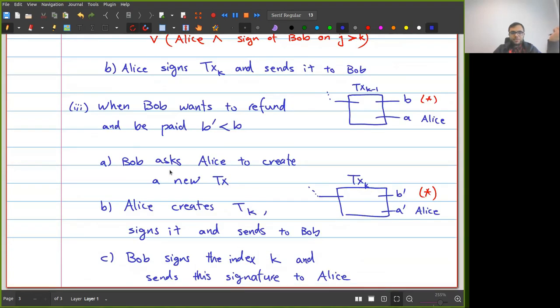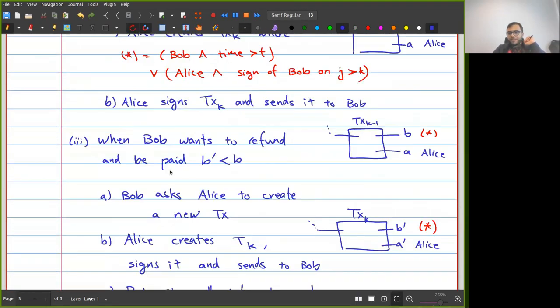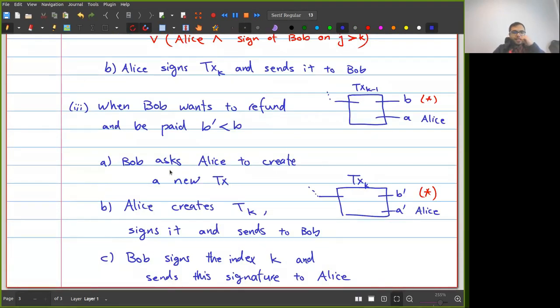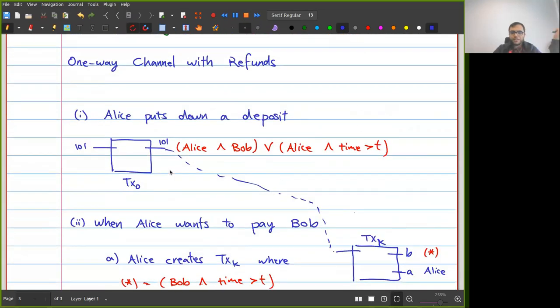How can I have a two-sided channel using the same idea? So let's say I have a one-sided channel with refunds. Tell me in the chat, how can I create a two-sided channel? I want a two-way channel now.